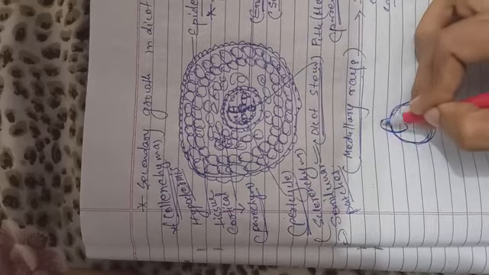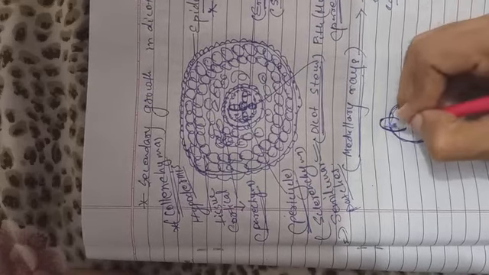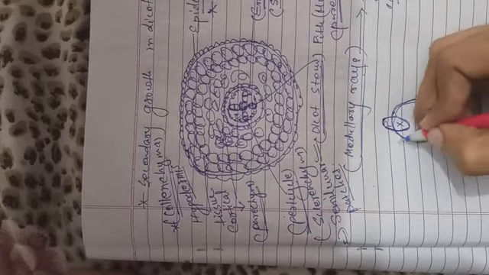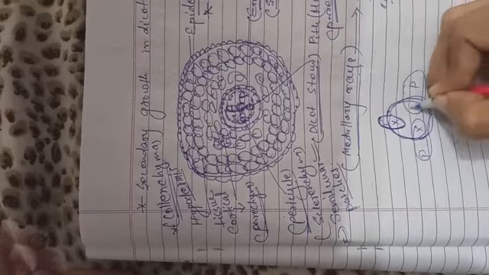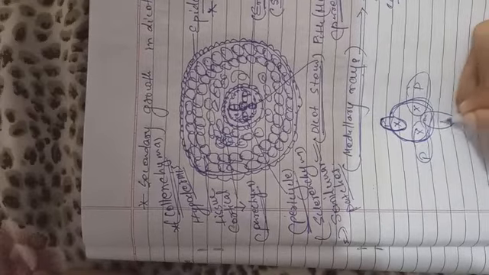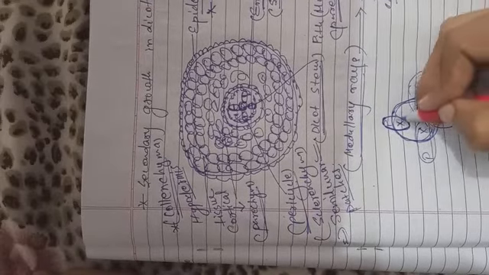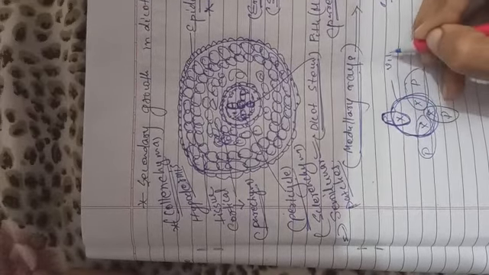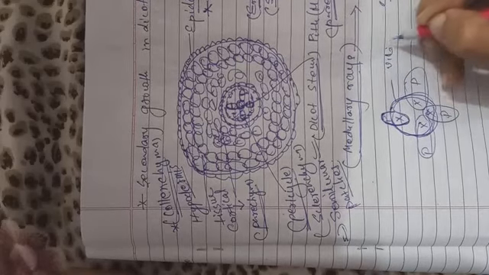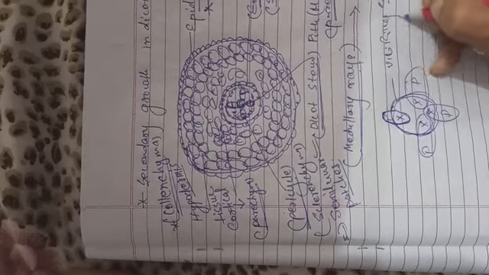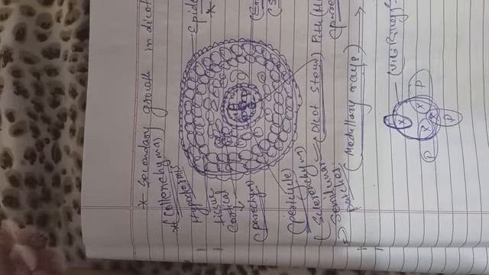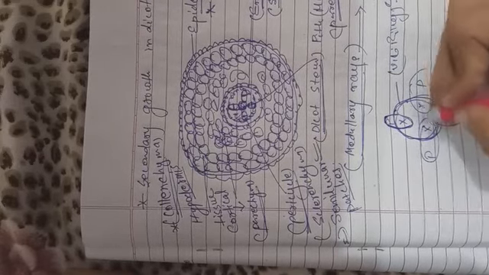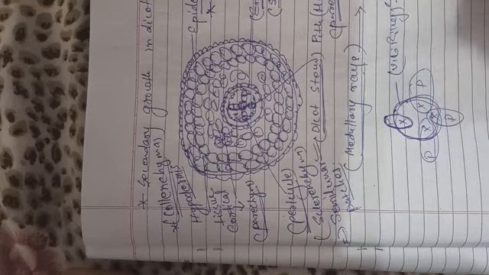This is the phloem and this is the xylem, and so on around the ring. This is the vascular cambium ring.